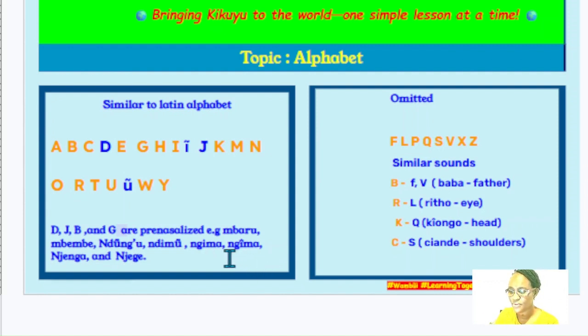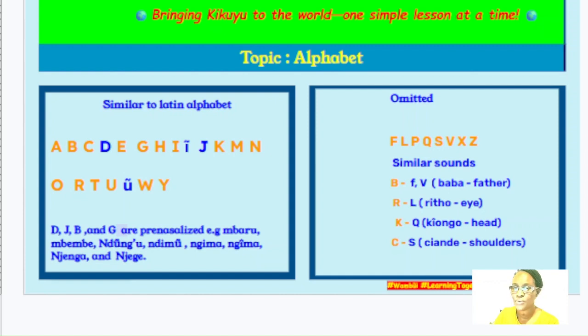For example, the word Gima, and then J, Jege. Jege is a porcupine.